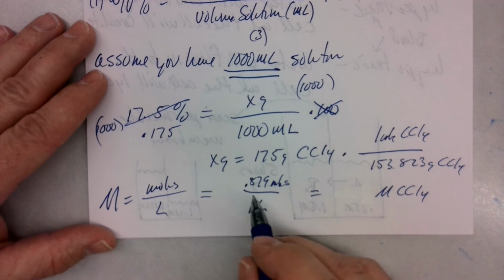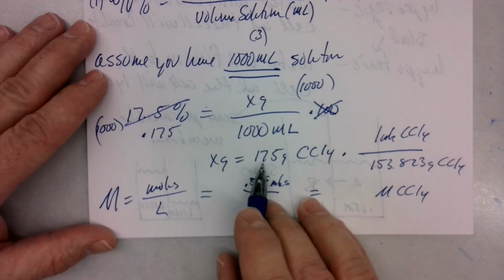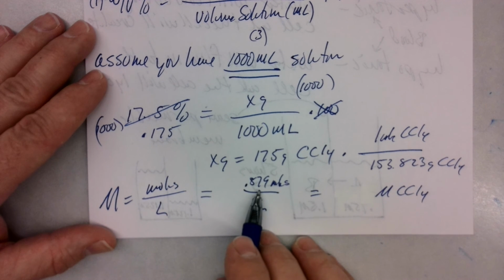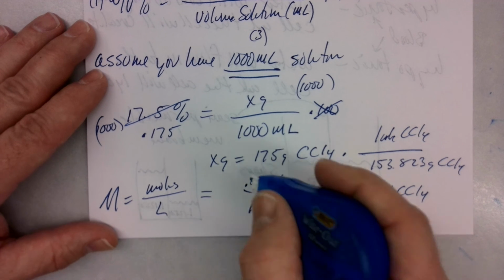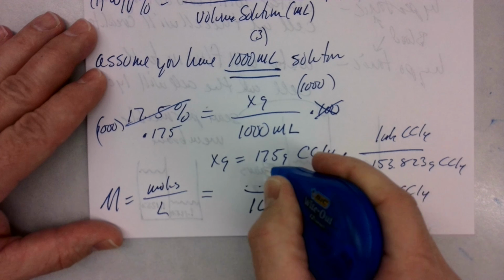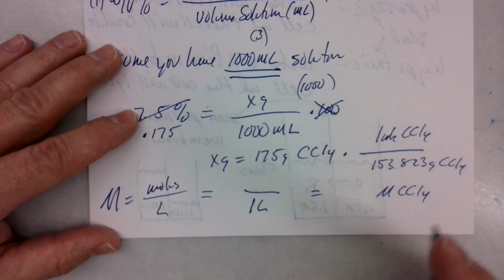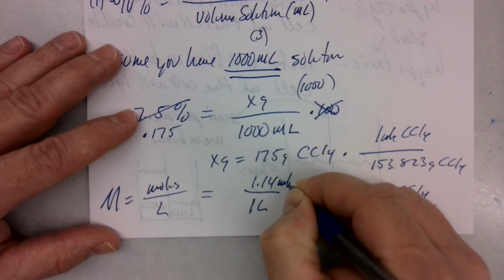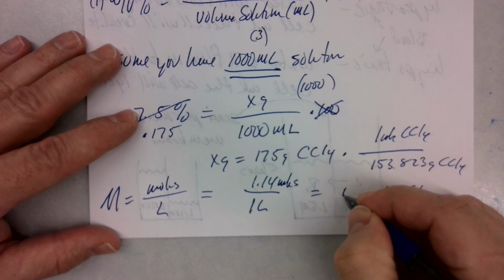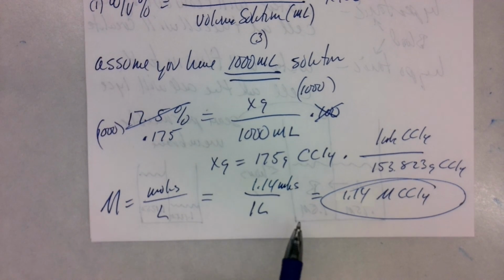This isn't right. Wouldn't it be bigger? You did it backwards. I was looking at the answer going, that can't be right. Sorry, I was losing my mind for a minute. What's this number? 1.14 moles. Now I divide it by 1, it's 1.14. That's why I wrote it down the first time. 1.14 molar CCl4. Okay?